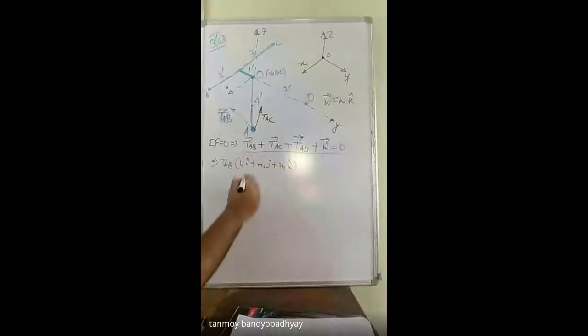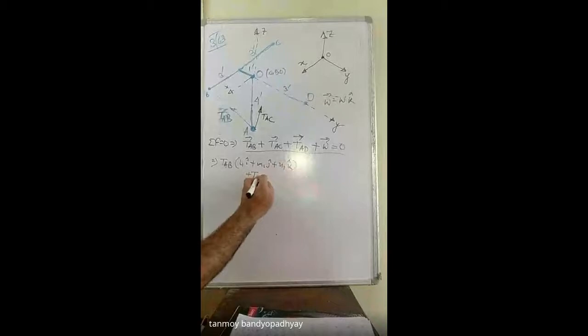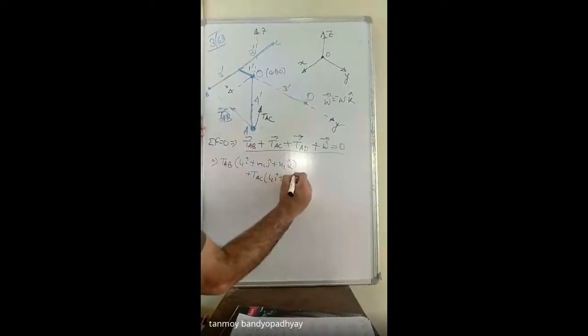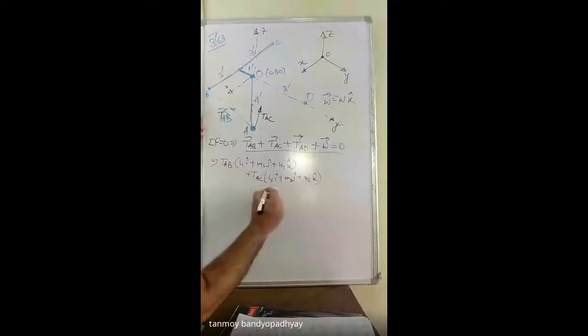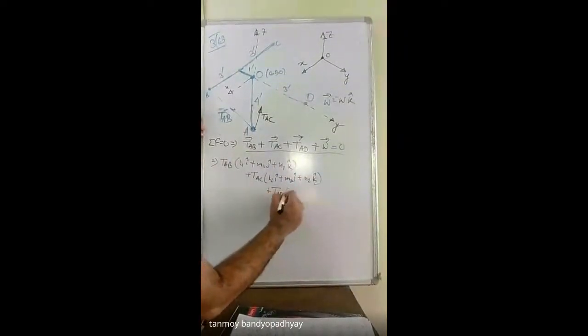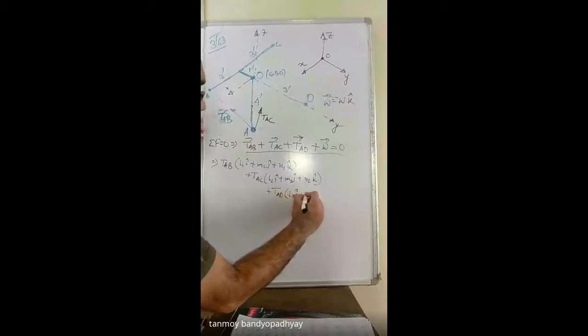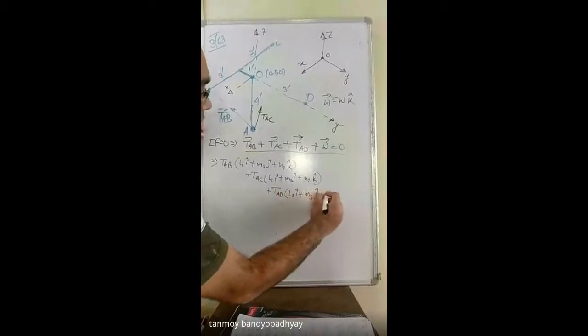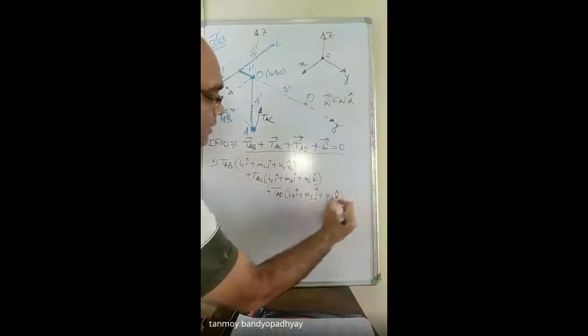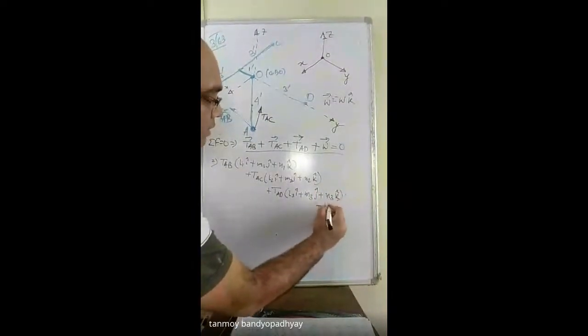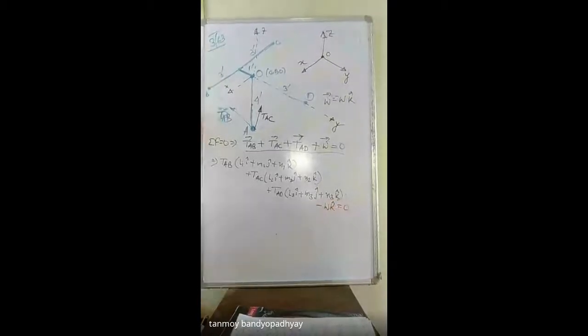Plus TAC into L2I plus M2J plus N2K cap, plus TAD into L3I plus M3J plus N3K cap, plus, rather minus WK cap, that is equal to 0.